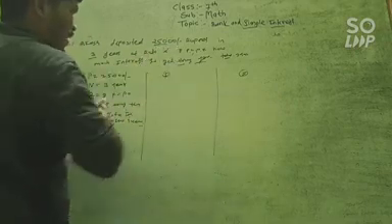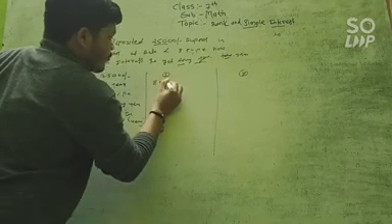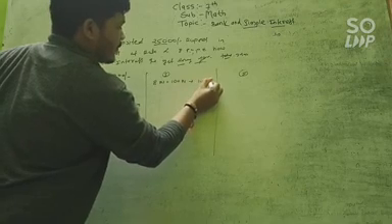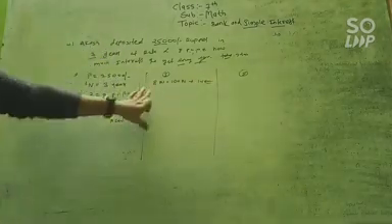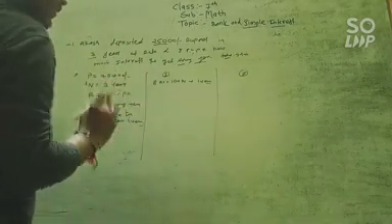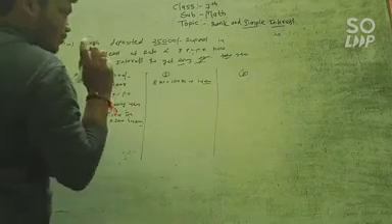Okay, so 8% per annum is nothing but 8 rupees on 100 rupees for 1 year. Okay, understood? That is 8 rupees on 100 rupees for 1 year. That is, the interval of time is 1 year. Okay, 1 year interval of time.